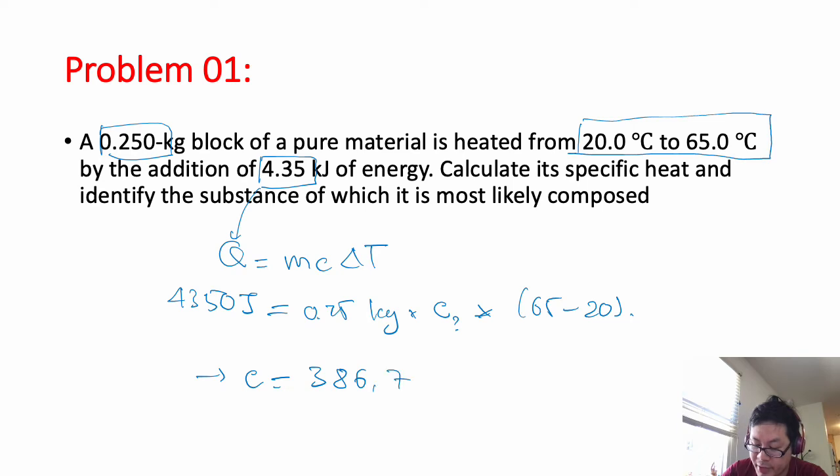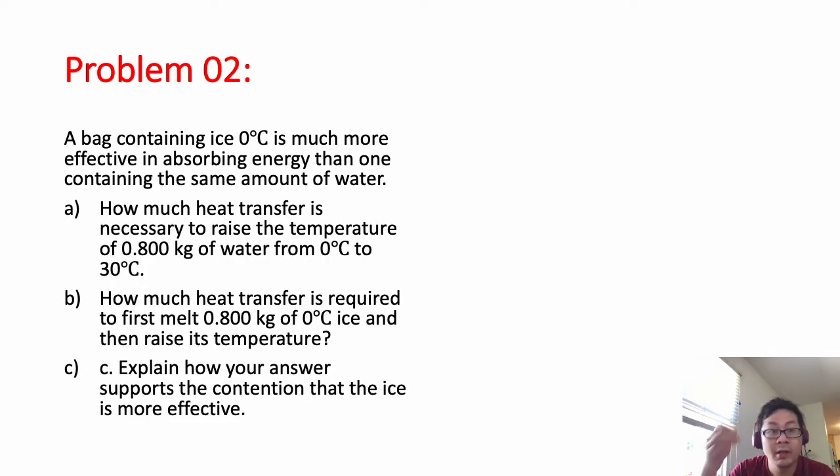and then we can find C with a simple calculation. The second problem: a bag containing ice at 0 Celsius is much more effective at absorbing energy than one containing the same amount of water. Now calculate first with the water: Q of water equals m c water times ΔT.